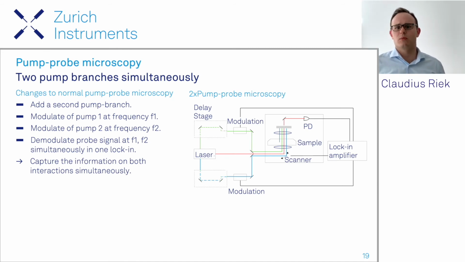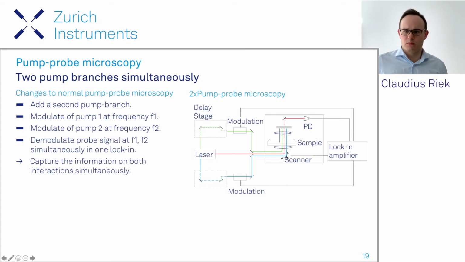We change the normal pump probe microscopy and add a second pump branch, depicted here now in blue, and we modulate the first branch at frequency f1 and the second at a different frequency, which is important. It must not be commensurable with the first one.